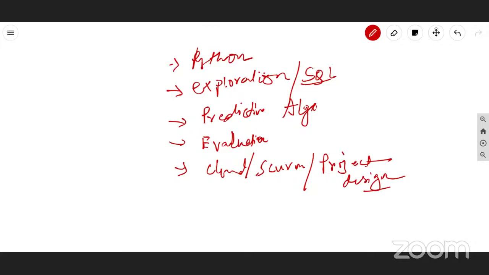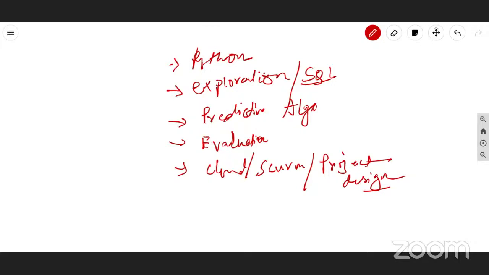Okay, I understand. So at what stage will we be learning about statistical concepts? Starting from next week onwards. Once we complete Python, we will land there.